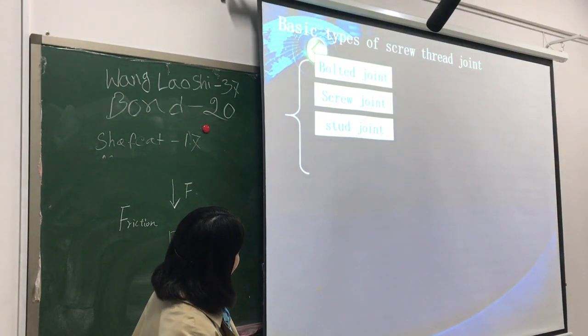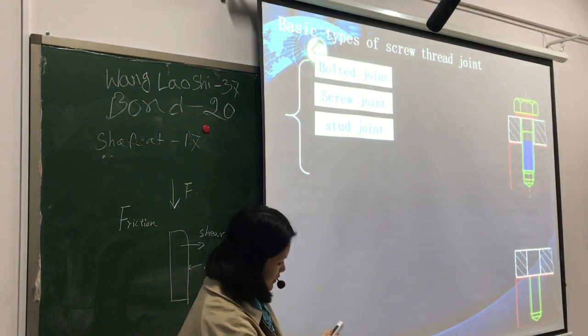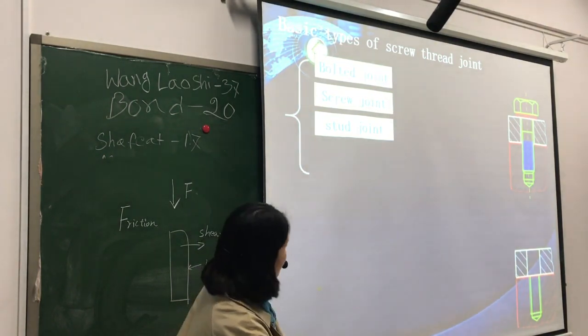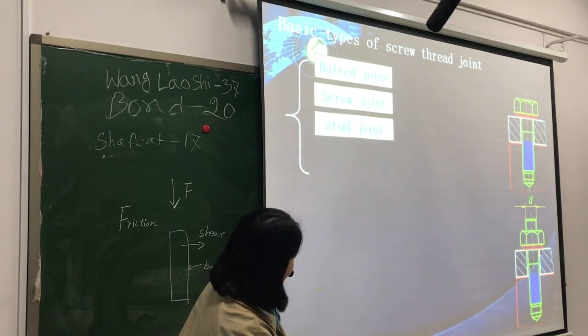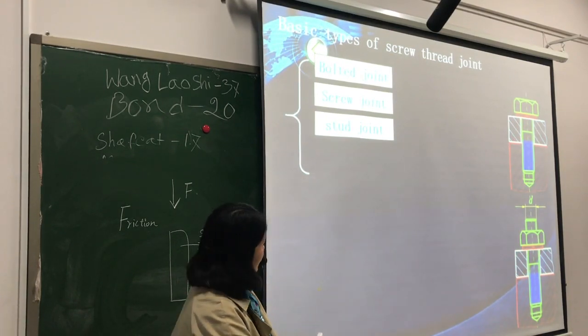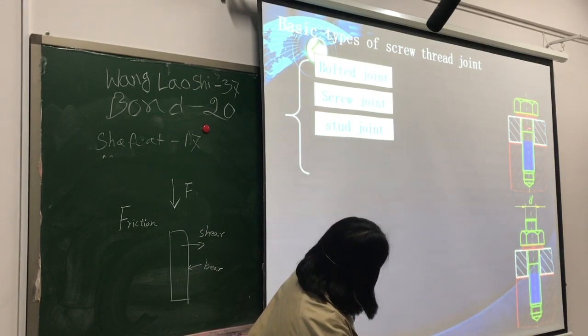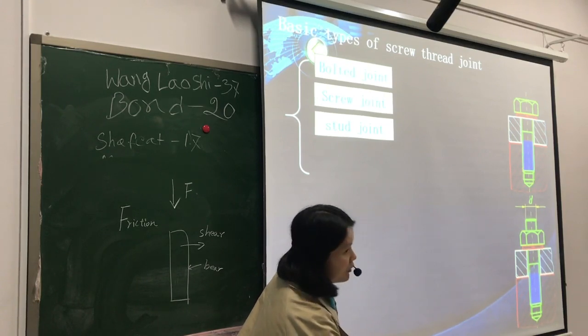And for a joint where one member is thick, we use screw joint and stud joint. This is a screw joint, where a screw is inserted into the threaded hole.